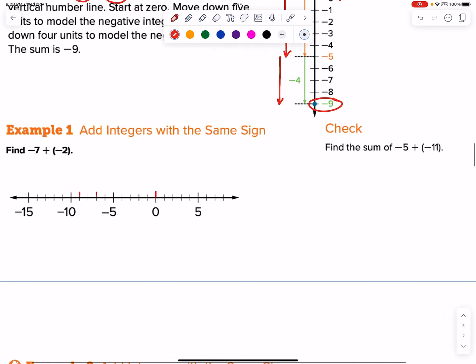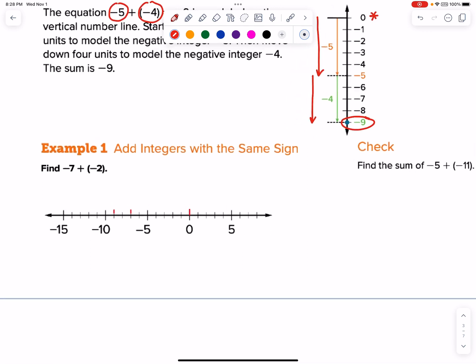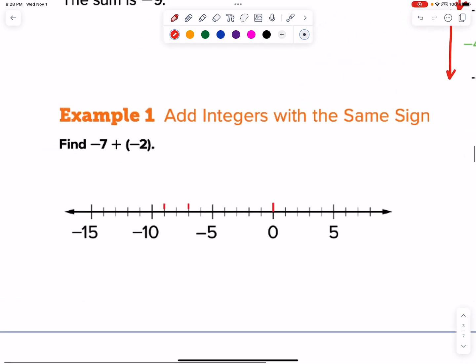So here's some examples, and we'll get into the song a little bit too. Okay, so I want you to have some practice with the number line. So our first number is a -7. You need to start at 0, okay, and represent the -7. So from 0, we'll go like this, and we're going to go -7. Okay, so here's the -7 to here.